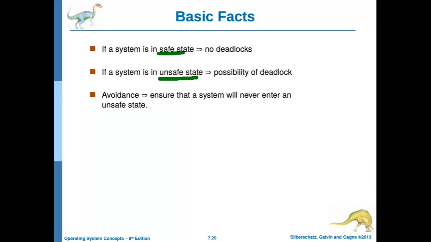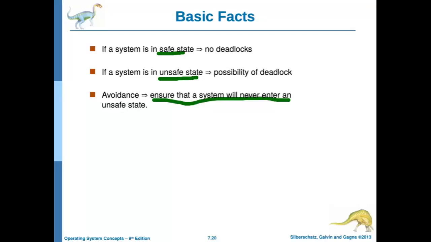And the deadlock avoidance algorithm ensures that the system will never enter an unsafe state by not allowing the resource, even though it is free. Maybe P2 needs some resource R3, it is available, but assigning that resource R3 to process 2 may result in an unsafe state.